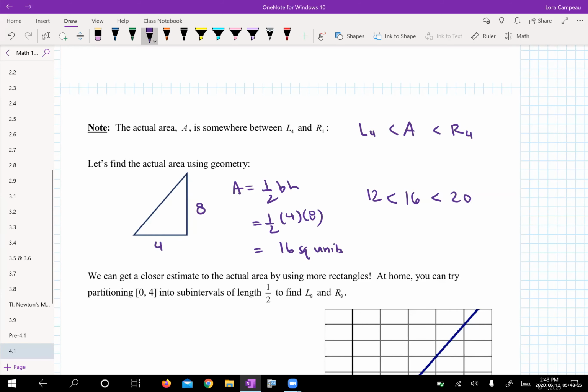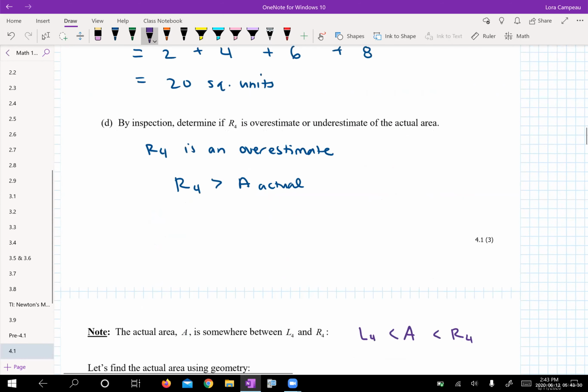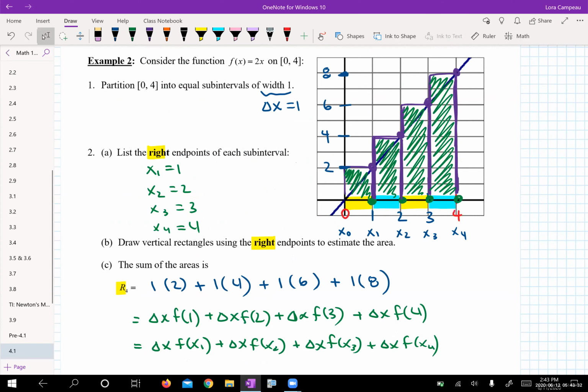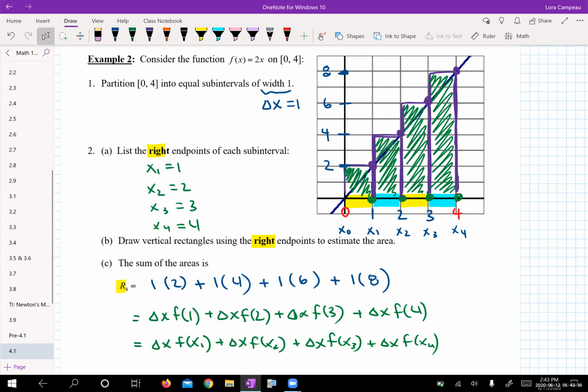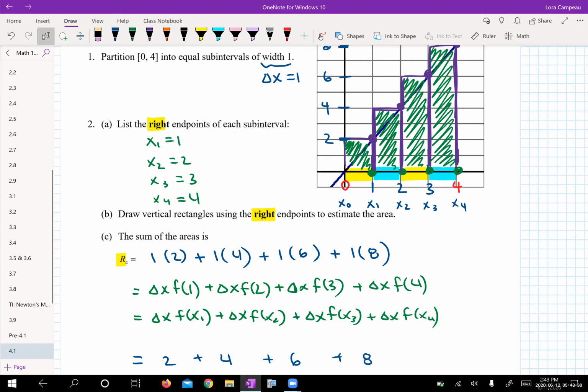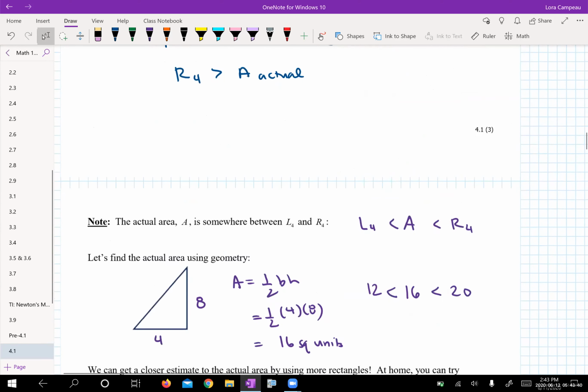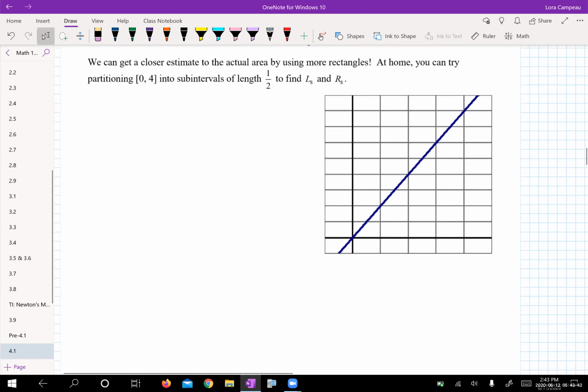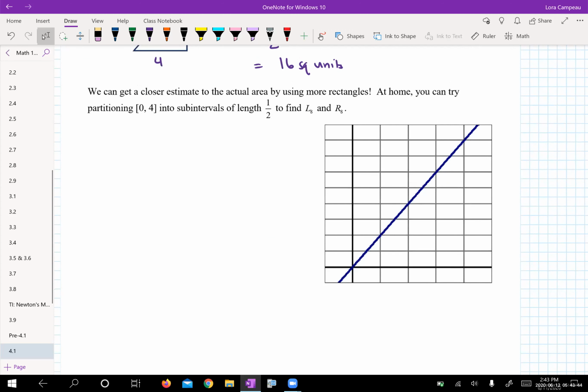So if you are interested, the idea is that instead of using maybe 4 rectangles, maybe we use more rectangles, and we're going to get a more precise area. I'm going to just start you off so that you can see what's happening.